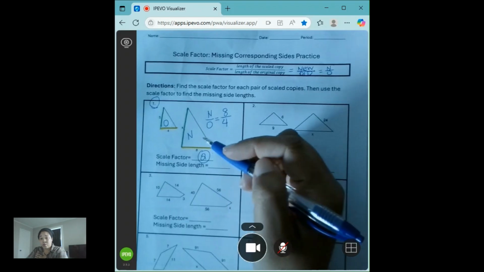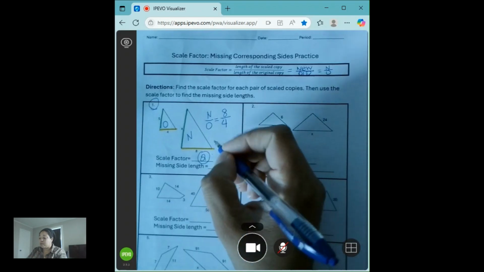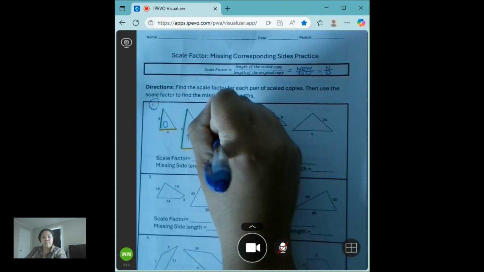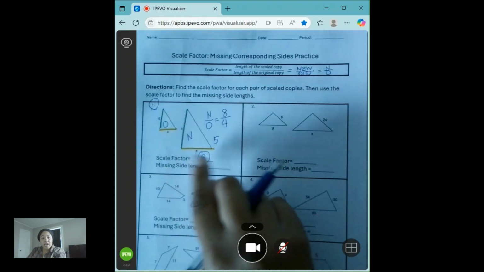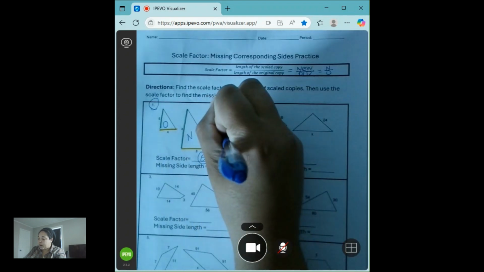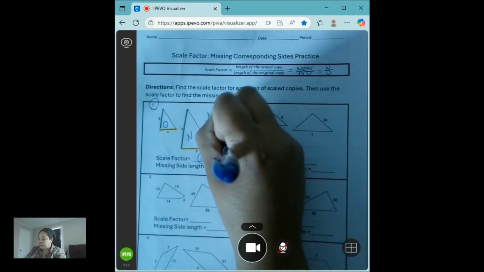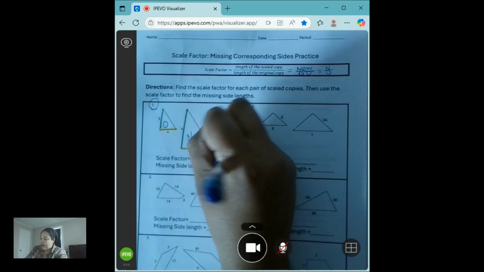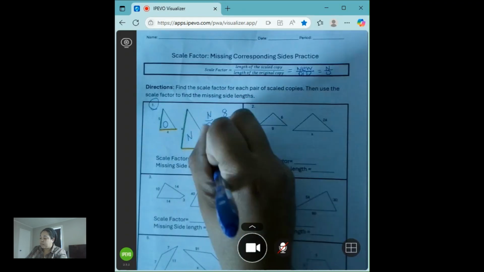You're going to take 5 times whatever your scale factor is. In this case, it's going to be 5 times 2. And 5 times 2 becomes 10.